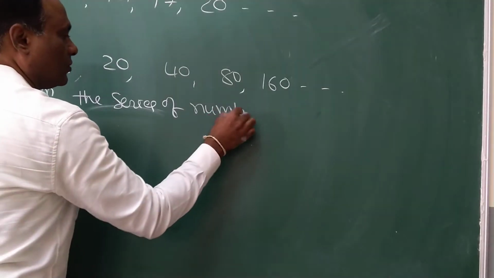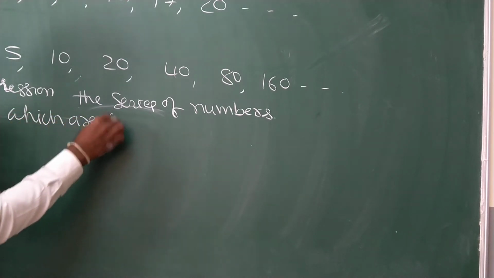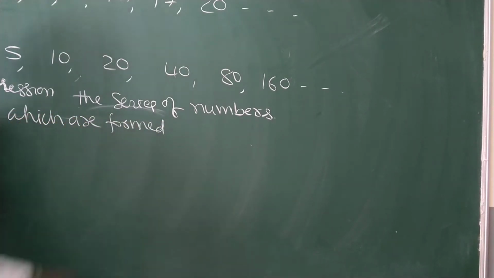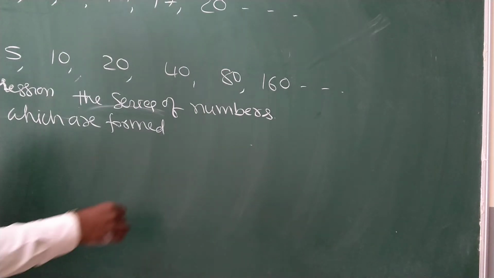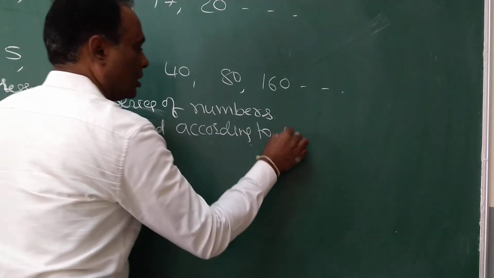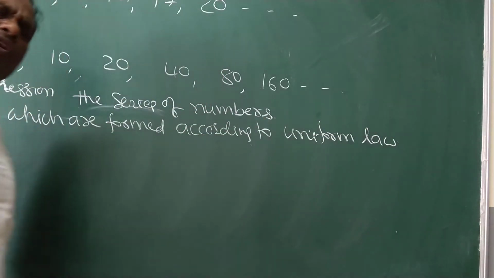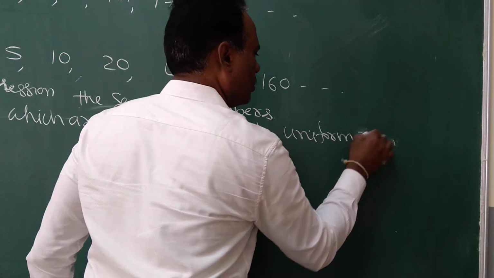Write down. The series of numbers which are formed according to uniform law or uniform formula, uniform rule.